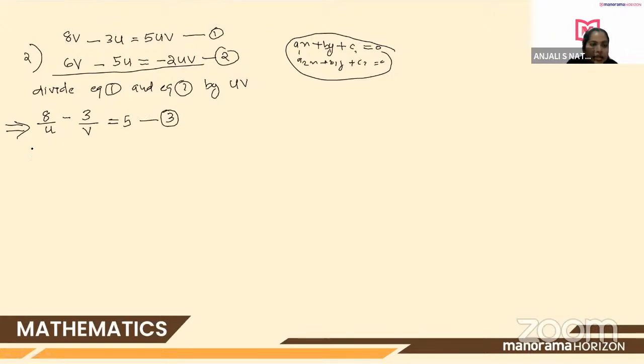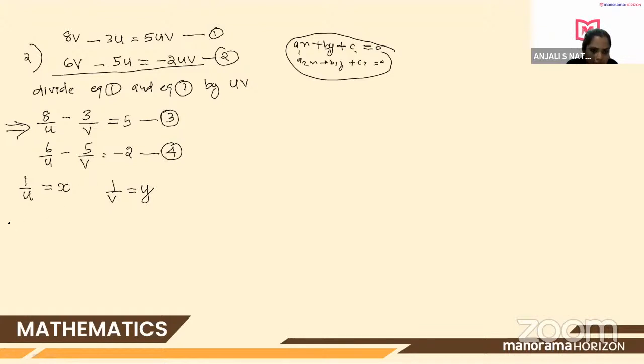And the next equation, 6 by u minus 5 by v is equal to minus 2, equation 4. Okay. So we can take 1 by u is equal to x and 1 by v is equal to y.